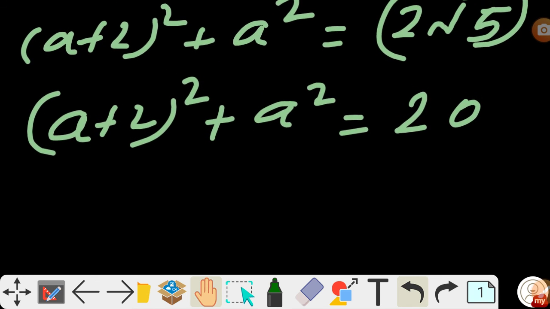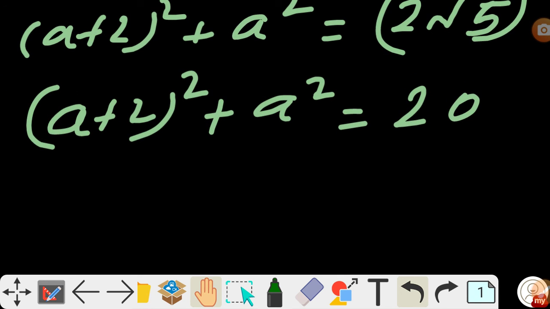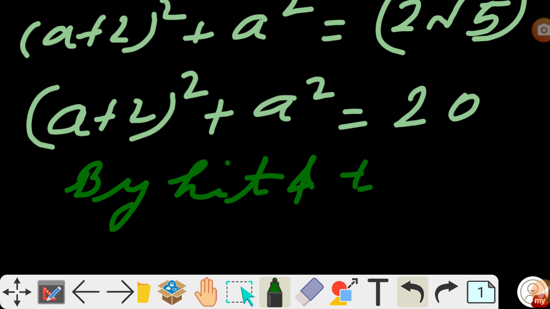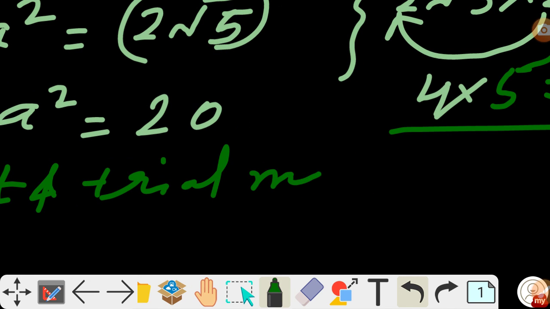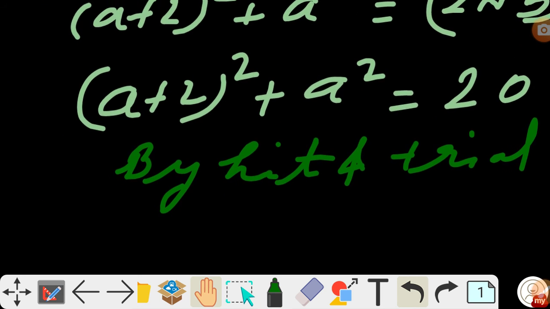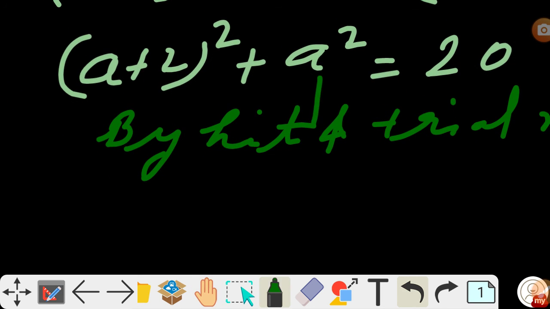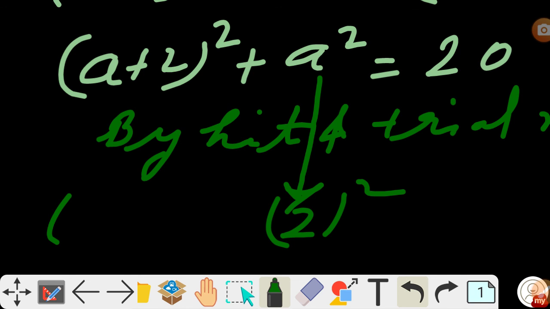So by hit and trial method, try to satisfy this equation. If you put the value a equal to 2, it means 2 square and 2 plus 2 whole square.